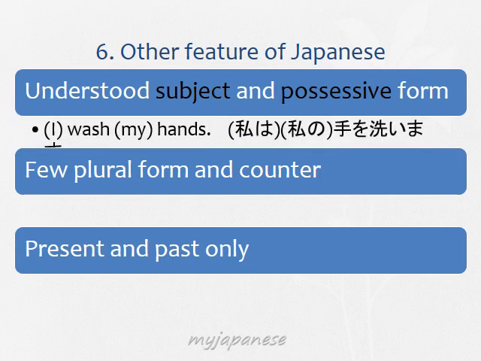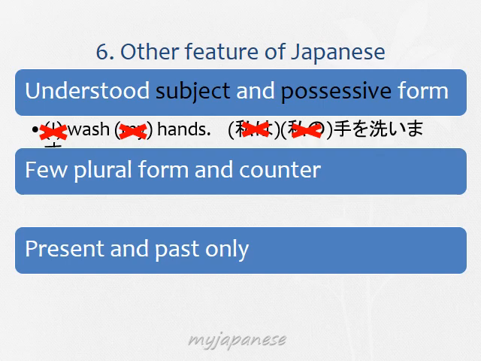Literally, 私は私の手を洗います。This sounds a bit unnatural in Japanese because if the speaker talks about his or herself, we tend to omit subject and possessive form. So, in Japanese, we omit subject part, 私は I, and possessive, 私の my, and simply say 手を洗います wash hands.